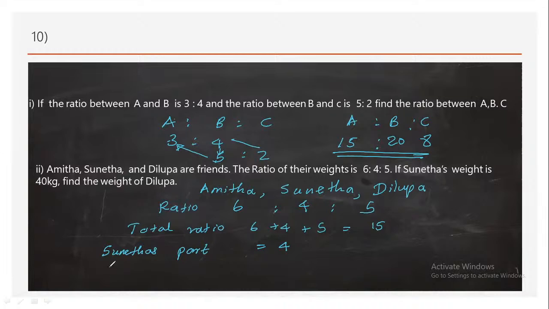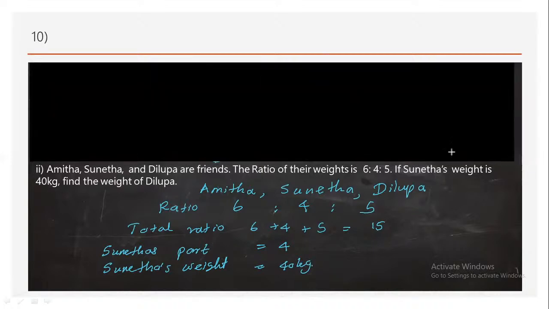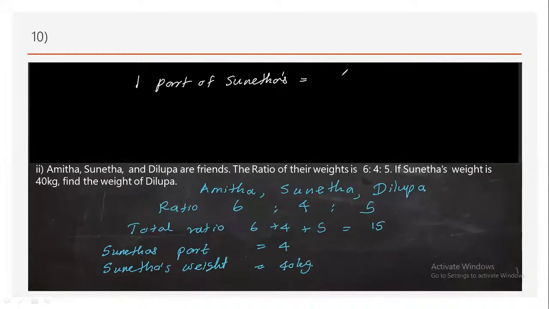Then we can write 1 part. I don't have enough space, so I will erase the upper part and take this space here. So 1 part equals 40 kilograms divided by 4.